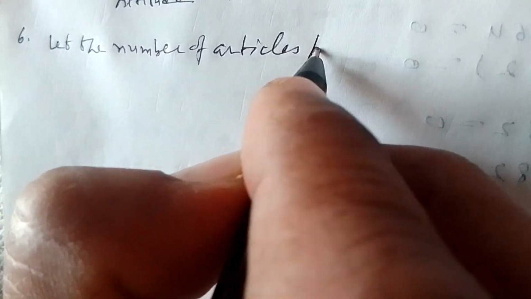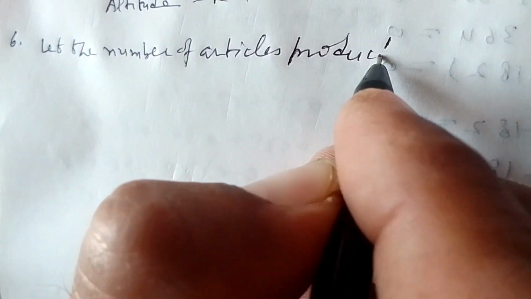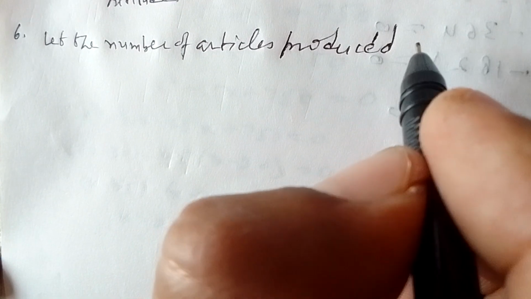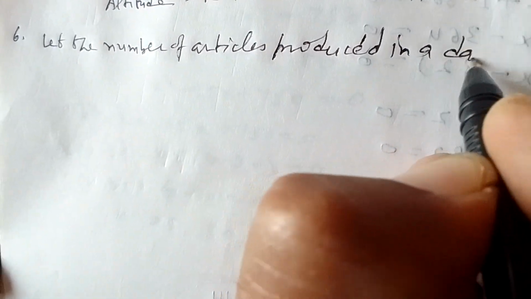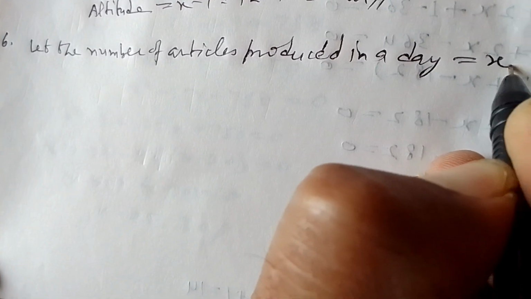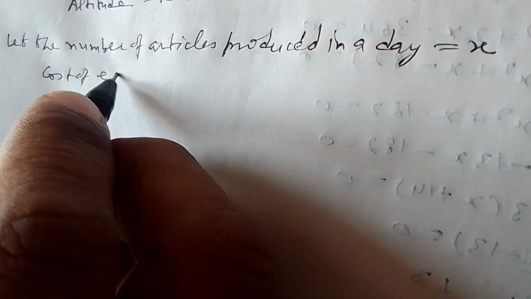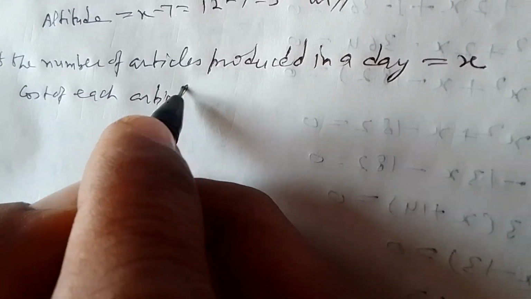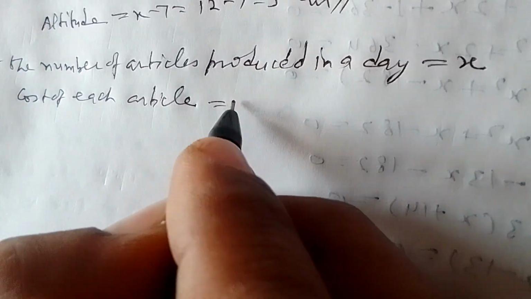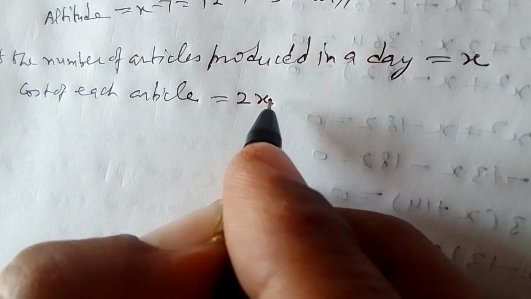The sixth question: let the number of articles produced in a day be x. So according to the question, the cost of each article is twice the number of articles plus 3.